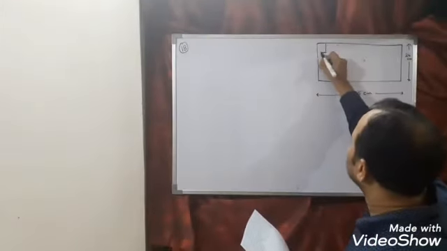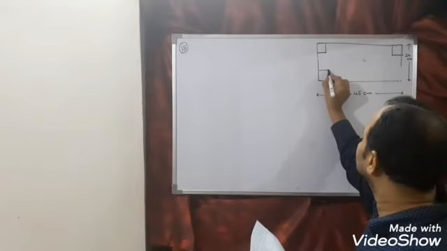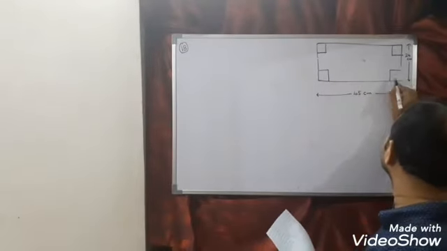So from here to here I can say 24 centimeter, is to be made into a box without top by cutting off square from each corner. So corner is cut and it is in the form of a square. Something like this.